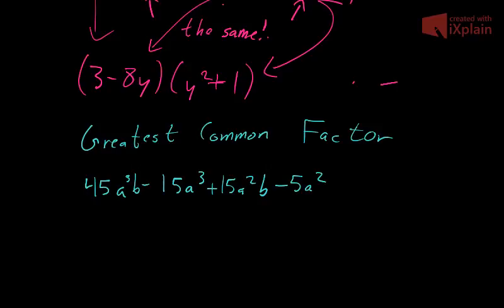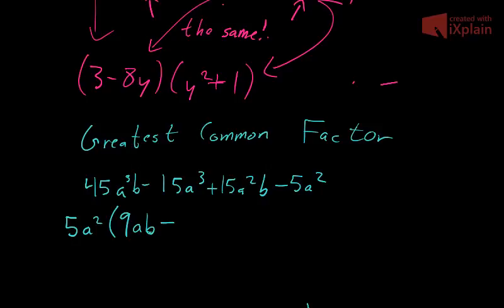And what I want to do first is look at this, and I can recognize that all of these are divisible by 5. All of these have two a's in them. So I can just take that out. So I'm going to start by taking out my 5a squared and just see what's left. To get from 5a squared to 45a cubed b, 5 times 9 is 45, so that needs to go there. And a squared times ab is a cubed b.